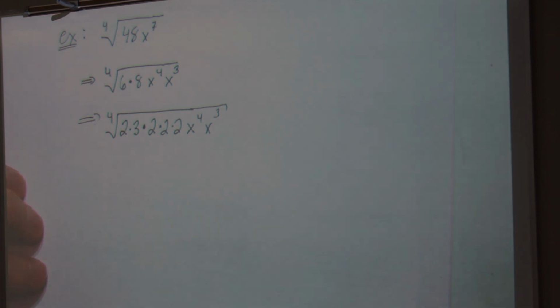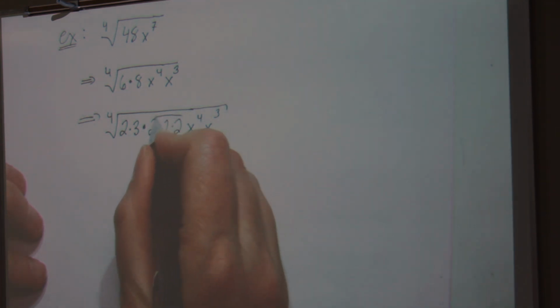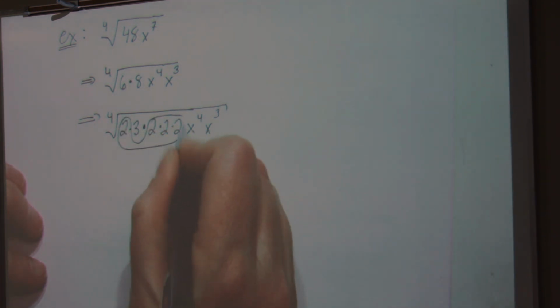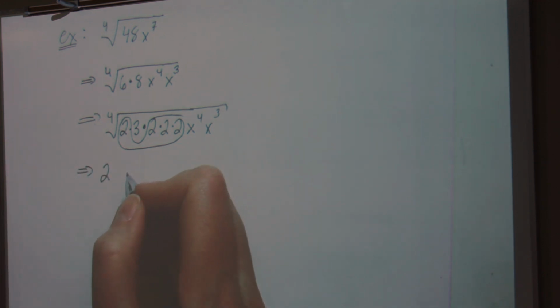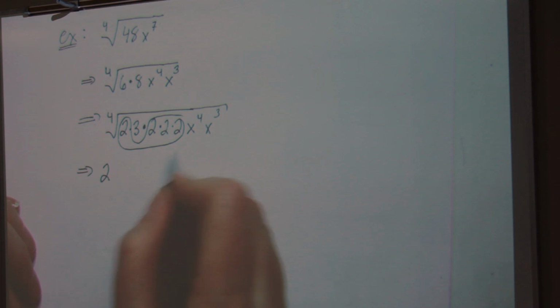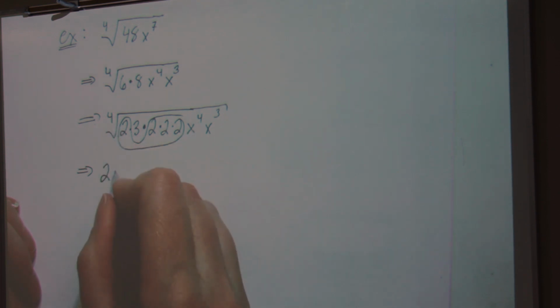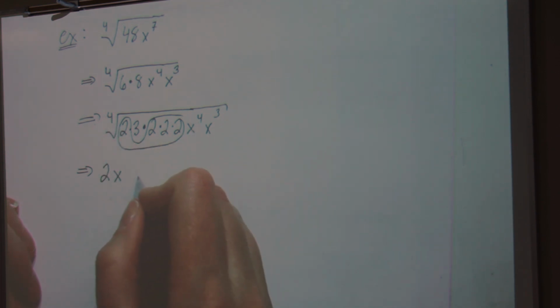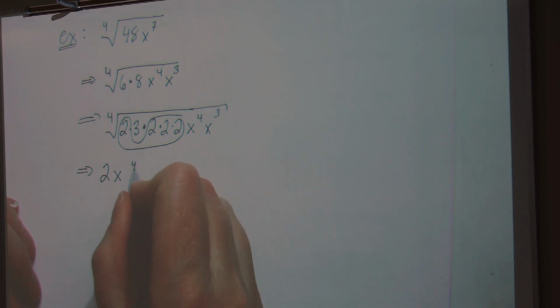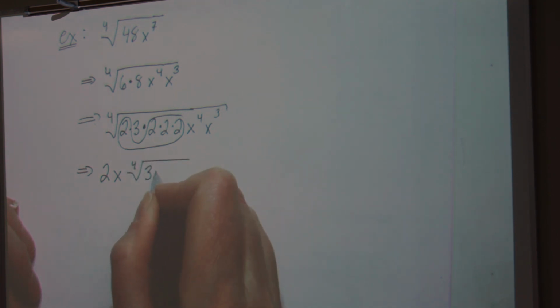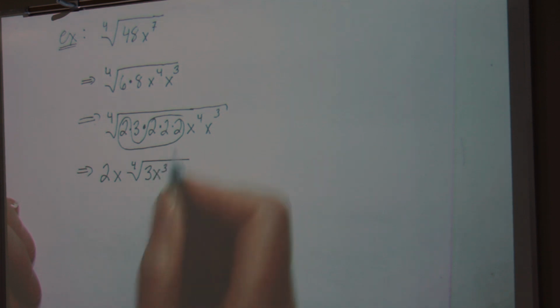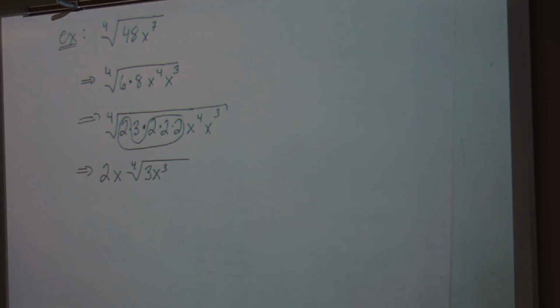Do I have 4 of a kind? Yeah, I got 4 2s, right? All right, I can take out that whole set of 2s. That's one set, right? X to the 4 divided by 4 is just x. And I am now left with the 4th root of 3 x cubed. Final answer.